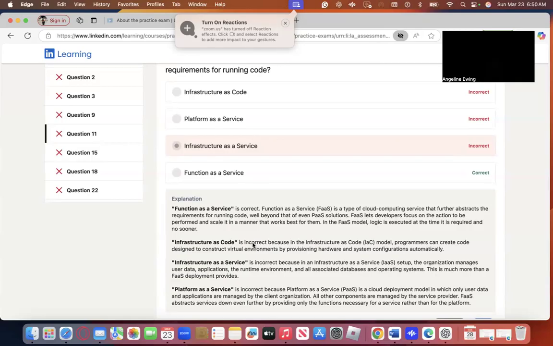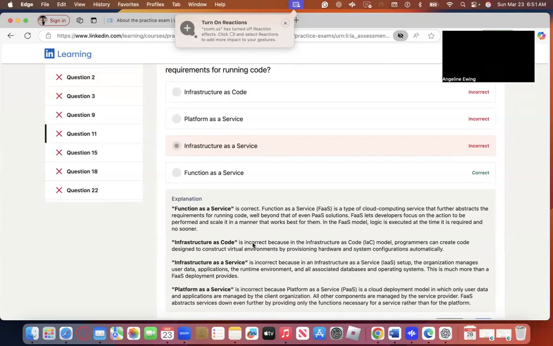Function as a service lets developers focus on the actions to be performed and scale it in a manner that works best for them. In the function as a service model, logic is executed at the time it is required and no sooner.